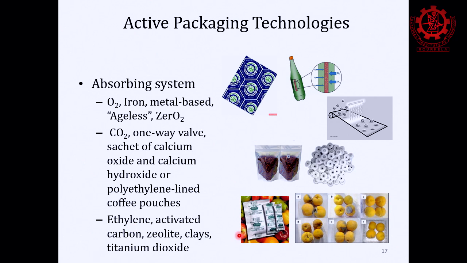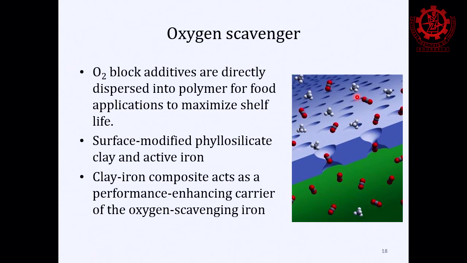Why do we have to absorb ethylene? You can slow down the ripening, because ethylene is the ripening hormone. So if you take away the ethylene around your fruit or ripening fruit, then you can slow down its ripening process. So this is how you incorporate oxygen scavengers into the polymeric structure to improve the barrier property.